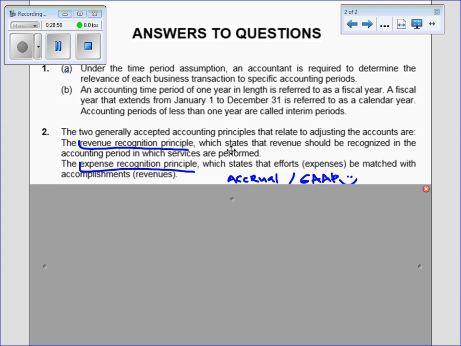Generally accepted accounting principles, or GAAP, like these ideas, because we are listing them when they happen or occur instead of waiting for the money to show up.